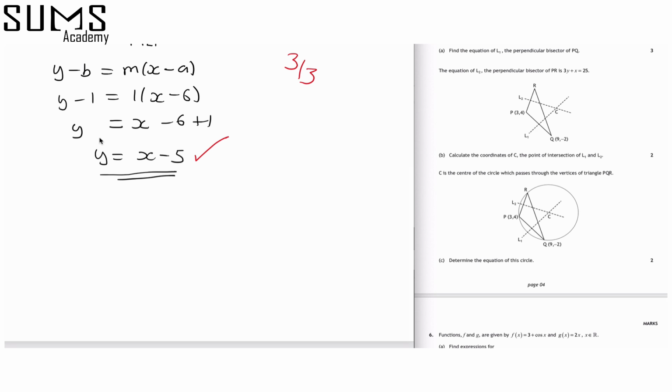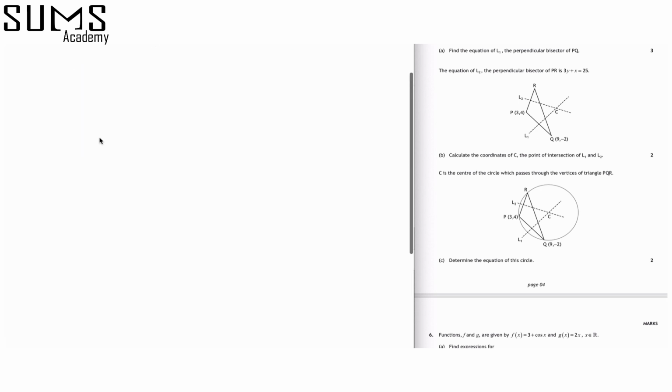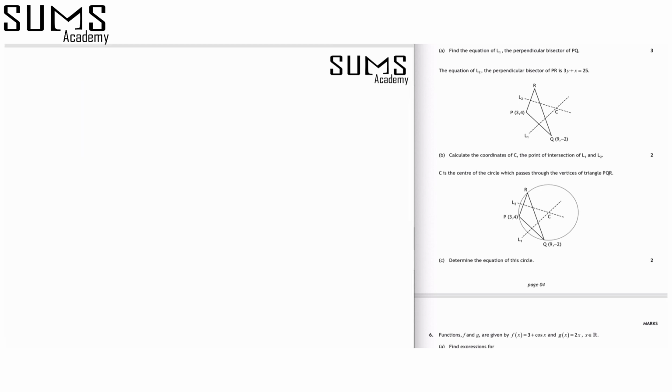So we've got our y equals x minus 5, so we'll write that down. And then we have this new information that is 3y plus x equals 25. So basically you want to get these two equations in the same form so you can simplify them.